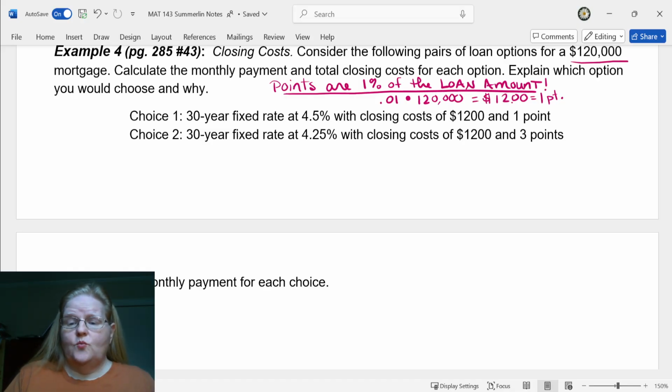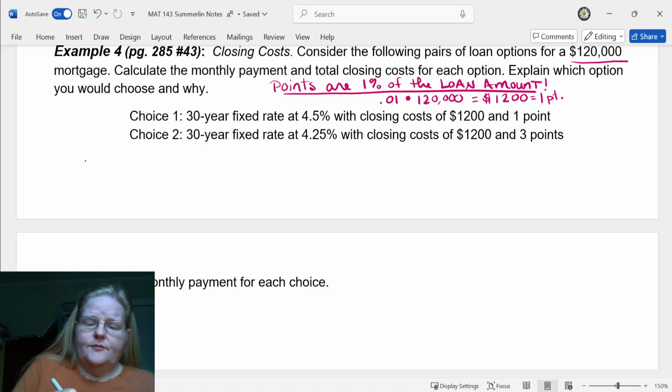So for choice 1, we have the 30-year fixed rate.